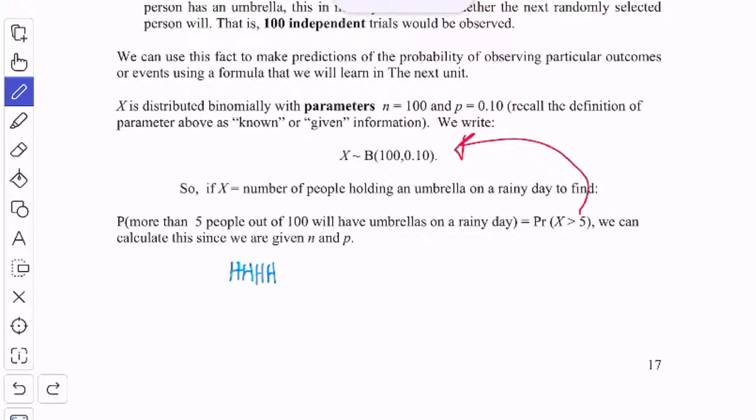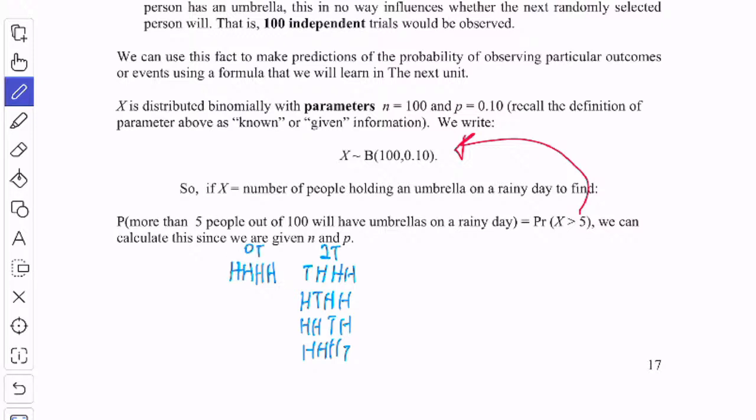So head, head, head, head, and then one tail would be like that, and you have to list all the ways of seeing one tail in 4 flips. So this would be 0 tails, 1 tail.